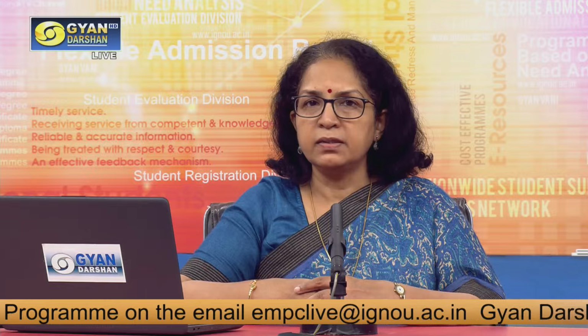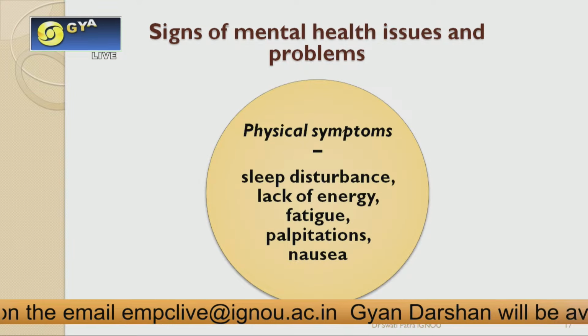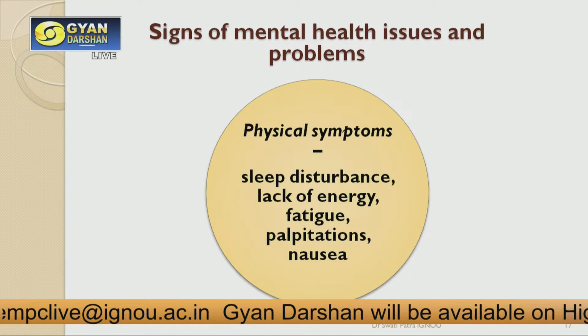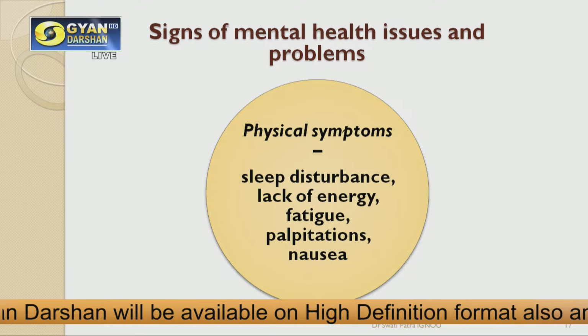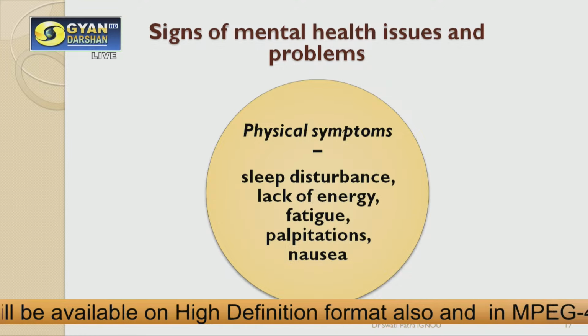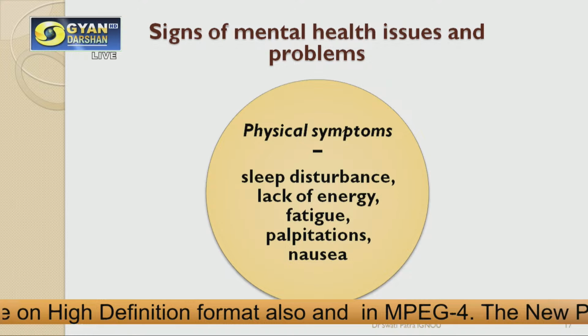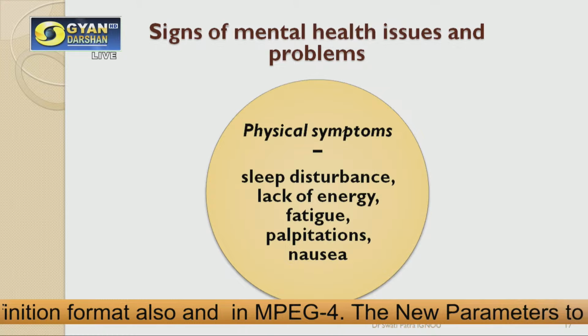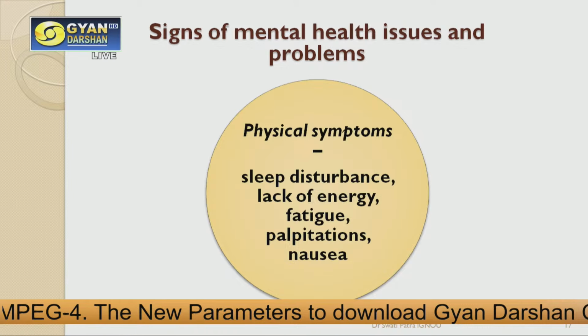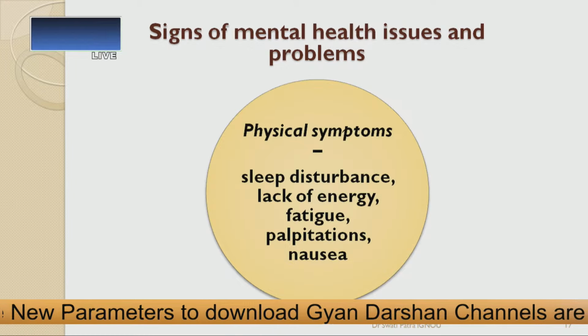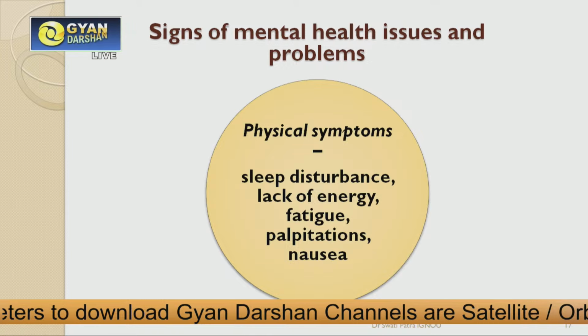Now, having discussed all these things, let us see, when we are talking about mental health, how do we know that there are mental health related issues? There are certain signs and symptoms related to mental health issues. So, physical symptoms can be lack of sleep or lack of energy or fatigue, nausea or palpitations. These kind of physical sensations might be there.